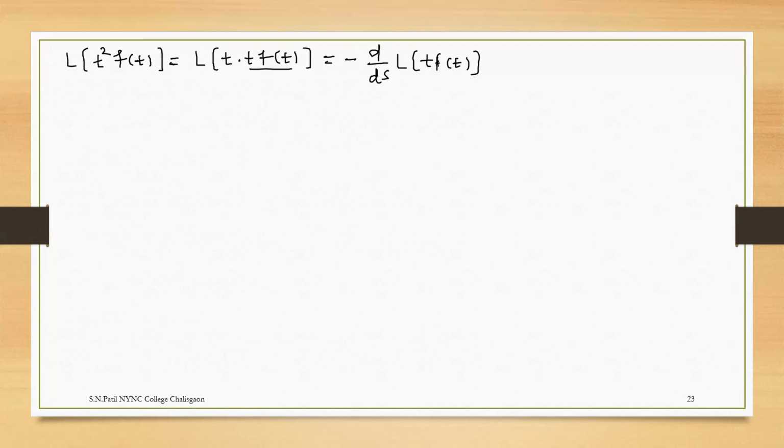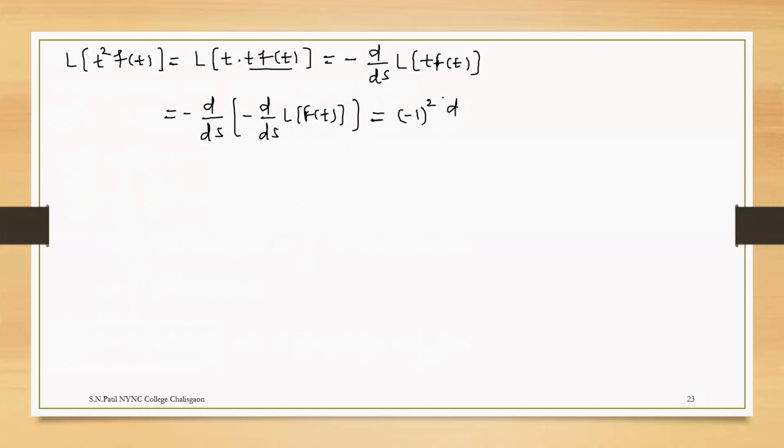And we know the Laplace of t into f of t, which we just calculated as minus d by ds of F of s, that is, minus d by ds of the Laplace of f of t. The Laplace of f of t means F of s. Now here these two minus signs can be written as minus 1 raised to 2.